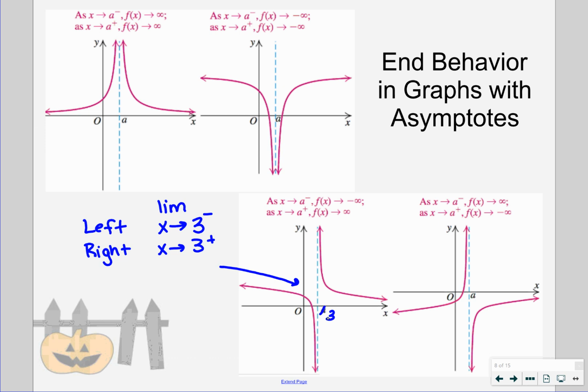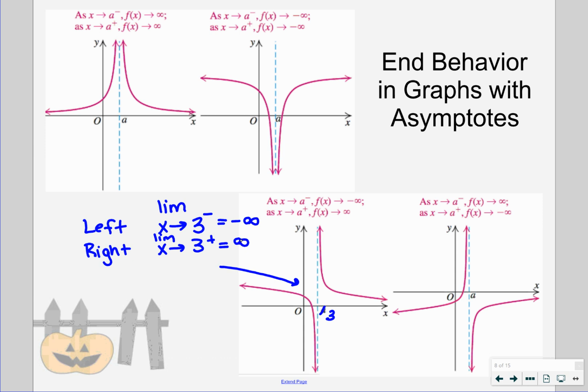So I'm at 3, but I'm on the left side of it. On the left side of 3, it's going down forever, so I would say that equals negative infinity. On the right side of 3, it would have its own little limit above it, and that guy is going up on the right side of 3, so that's approaching positive infinity. So this is how we're going to write them, with limit notation. We're going to practice that.